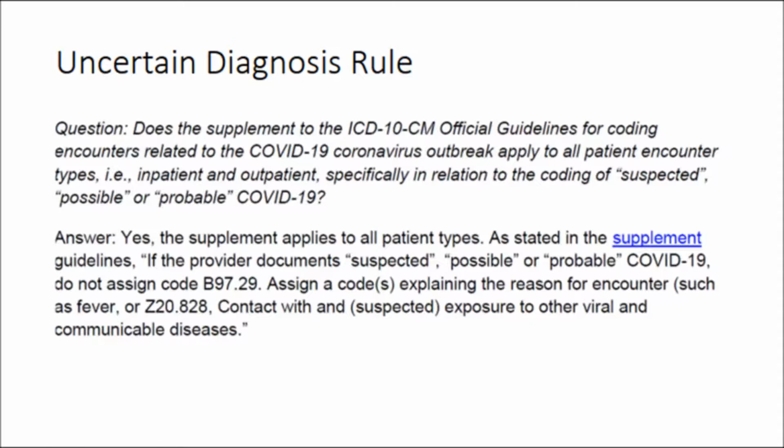As stated in the supplement guidelines, if the provider documents suspected, possible or probable COVID-19, do not assign code B97.29. Assign a code explaining the reason for encounter, such as fever, or Z20.828, contact with and suspected exposure to other viral and communicable diseases.